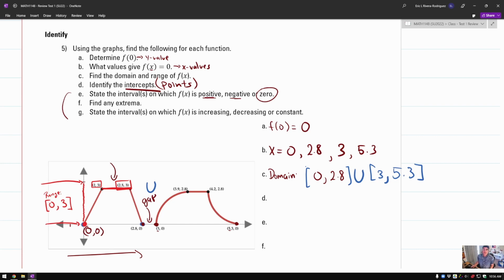0. What does that mean? State the interval in which f is, let's skip positive and negative for a moment, where f is 0. What does this mean?